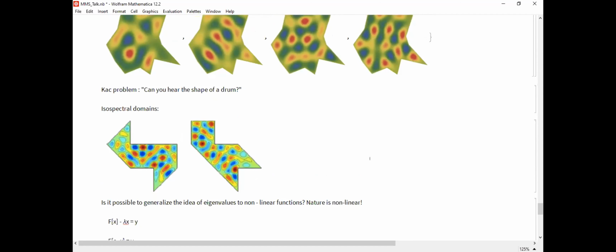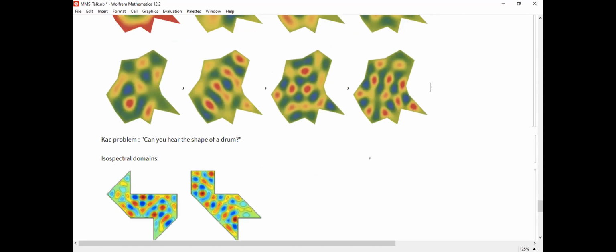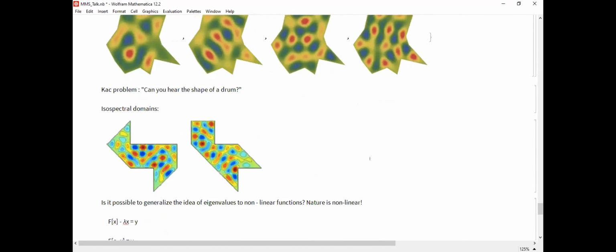In the discrete case, we call them co-spectral. So we may have graphs that are non-isomorphic and give you the same eigenvalues. So you hear the same thing, but from different shapes. Yes, exactly.